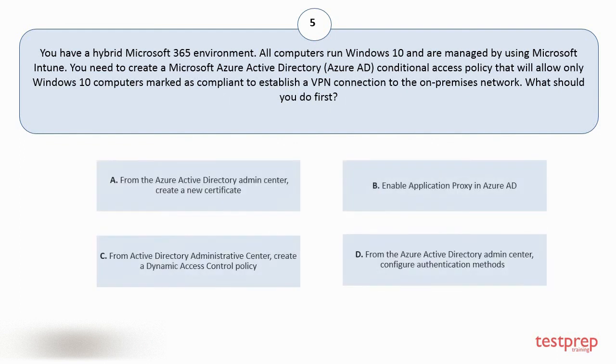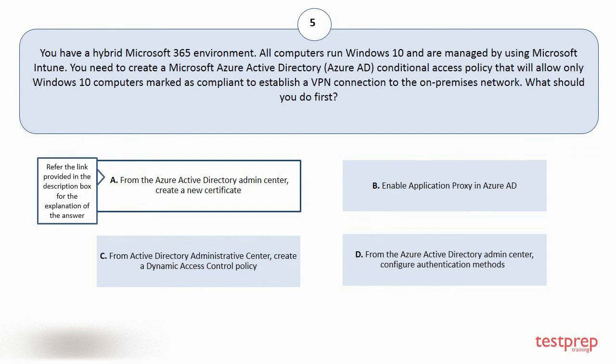Your options are: A. From the Azure Active Directory Admin Center, create a new certificate. B. Enable Application Proxy in Azure AD. C. From Active Directory Administrative Center, create a dynamic access control policy. D. From the Azure Active Directory Admin Center, configure authentication methods. The correct answer is option A.